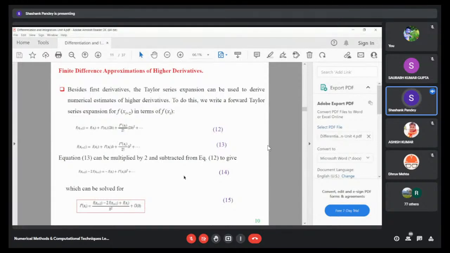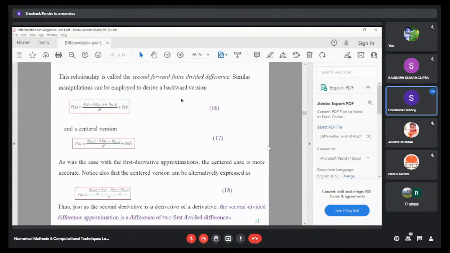Now I move to the next slide. In a similar manner, we can calculate the backward finite divided difference and write the equation expressed as equation number 16.